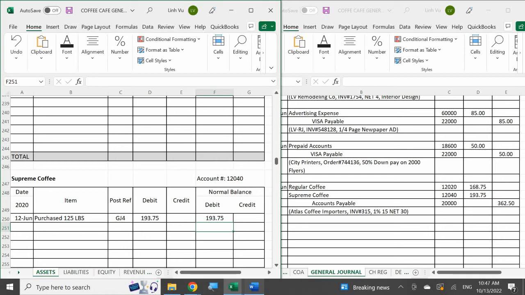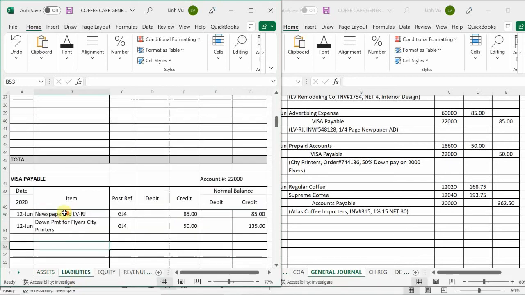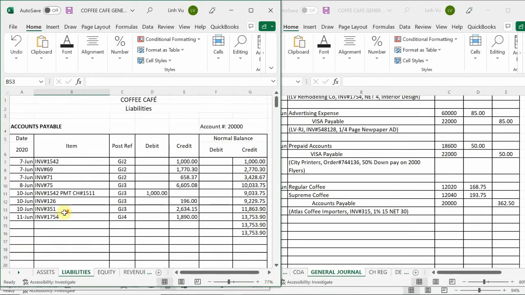And now I need to update my last account, which is my accounts payable, because now, again, I owe more money. So, liabilities, right? This is invoice number 315.